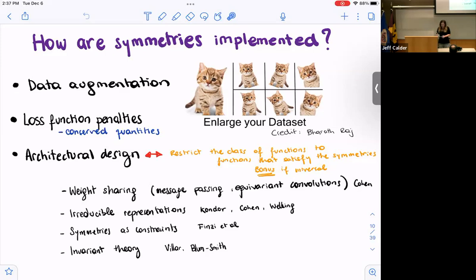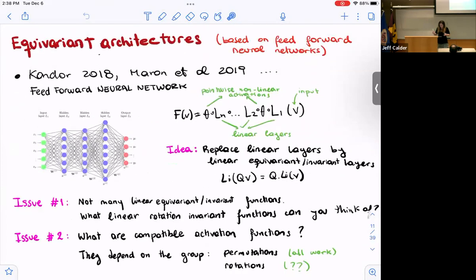In particular, the methods that people use are something called weight sharing, which is similar to message passing, which has to do with how people implement functions on graphs. And there are generalizations of that to images. There are also some methods based on irreducible representations. There are some methods that constrain the class of functions, learning the invariant functions as a set of constraints. And there's a way you can do it using invariant theory. I'm going to explain the main approaches and give some examples.